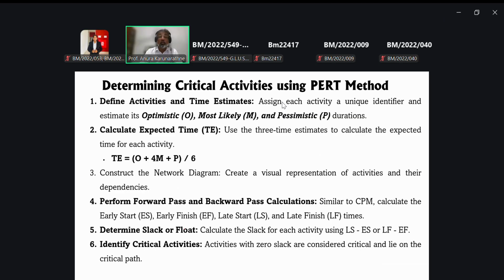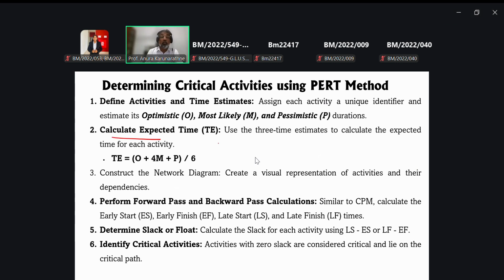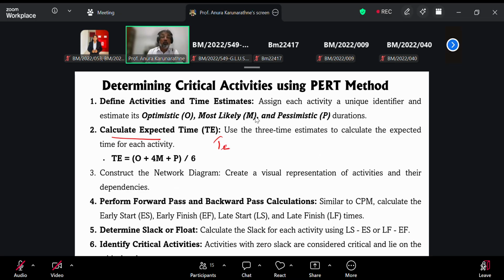Take the duration for completing that particular activity. Individually, you have time in three categories: optimistic, most likely, and pessimistic. Then we can calculate the expected time, or TE.